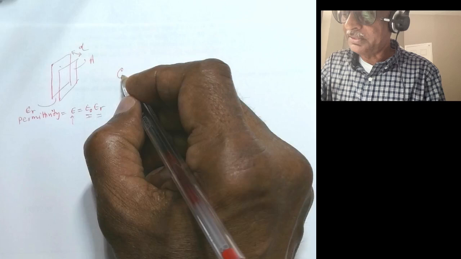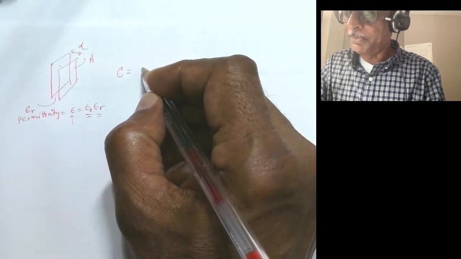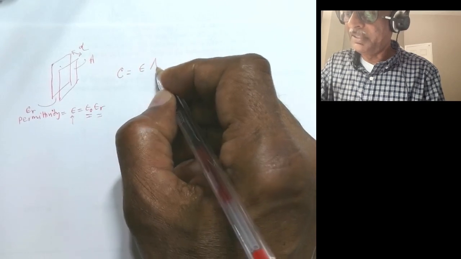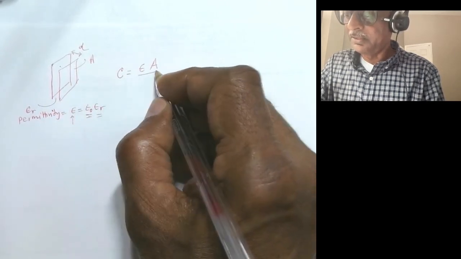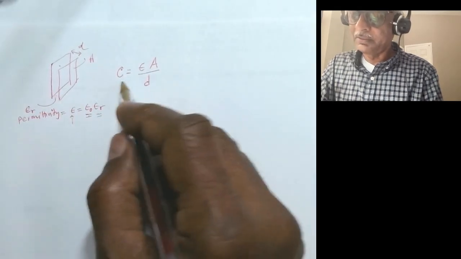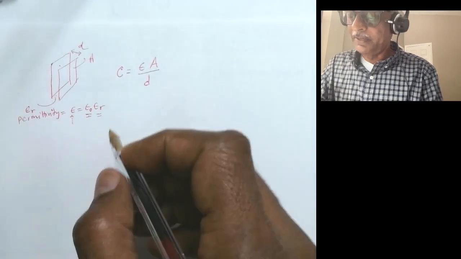So the capacitance of this will be epsilon times how big the plates are, divided by how far apart they are. So the closer they are, the more the capacitance.